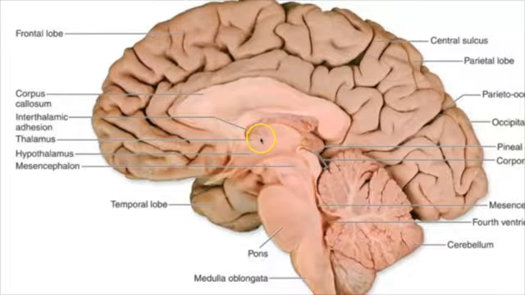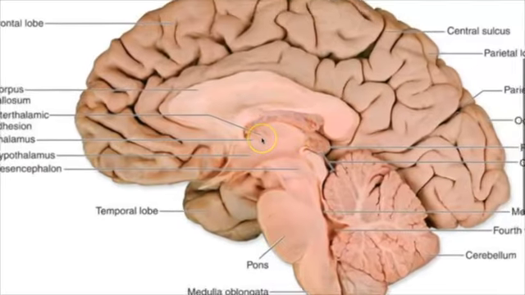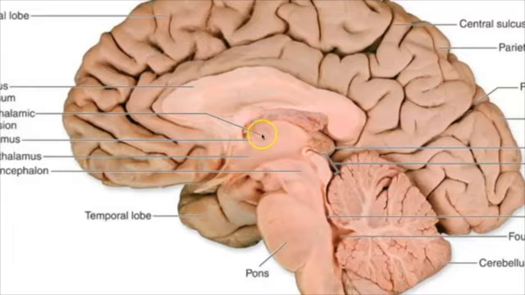I don't know if you can see the interthalamic adhesion. It's not real easy to see interthalamic adhesion right there. And here is the hypothalamus, and it will be connected to the pituitary gland. That is not shown here, but this is the infundibulum, where it will be connected to the pituitary gland.